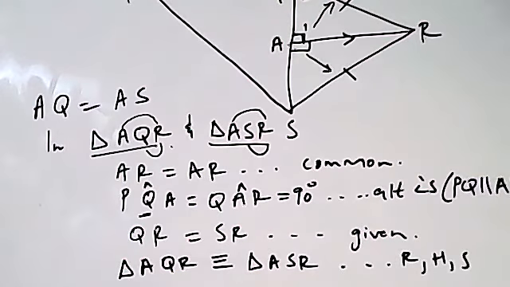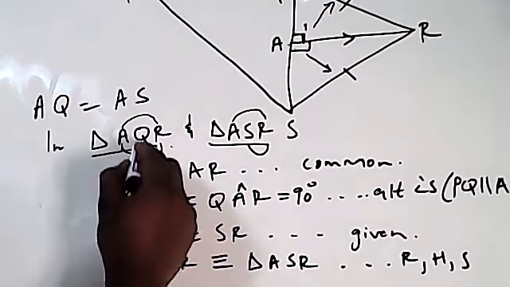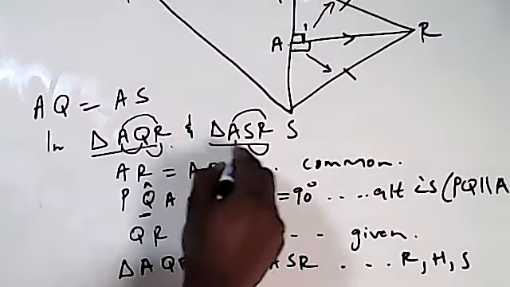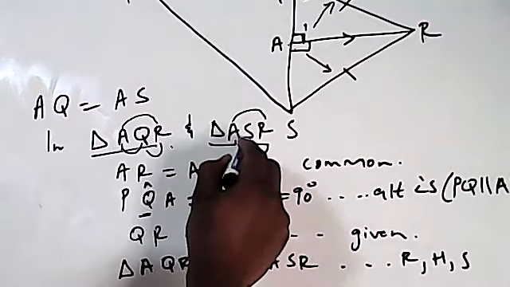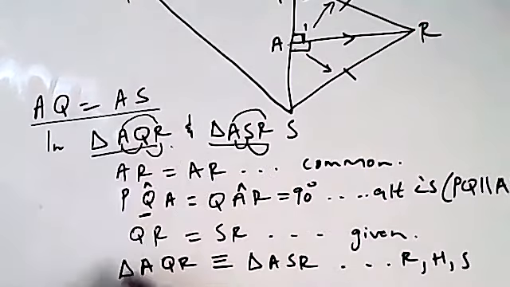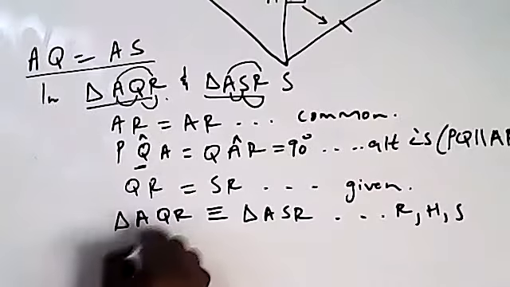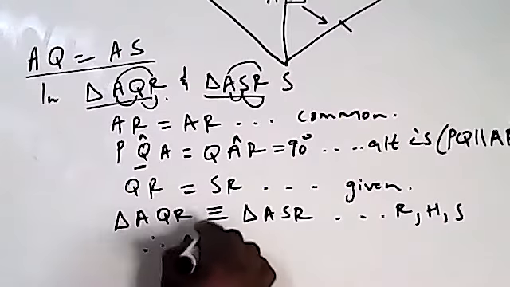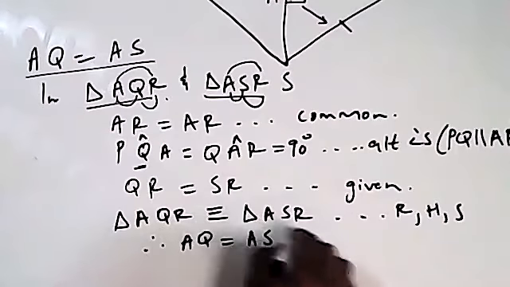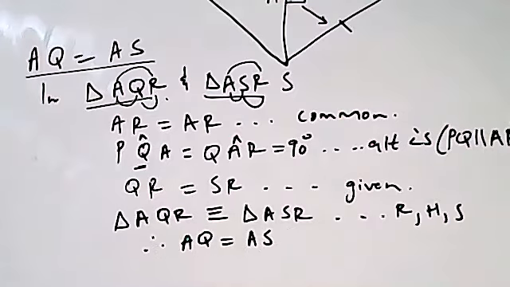And if these triangles are exactly the same, then our AQ, which is first and second, has to be equal to AS, which is what they want. Then you basically say that therefore AQ is equal to AS. You leave it there. It's proven. Does it make sense?